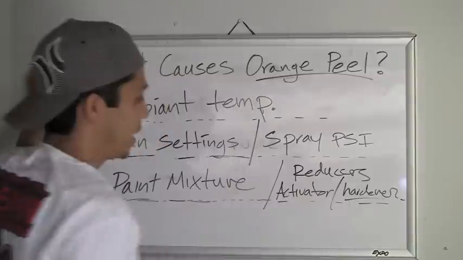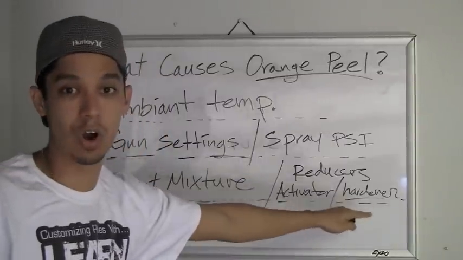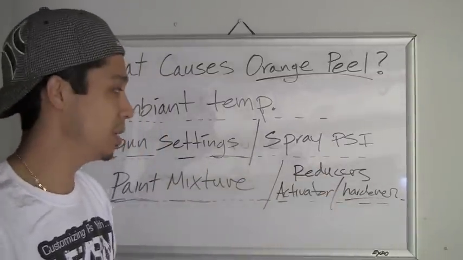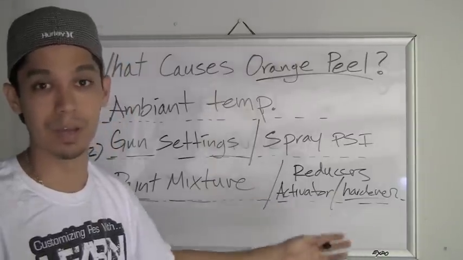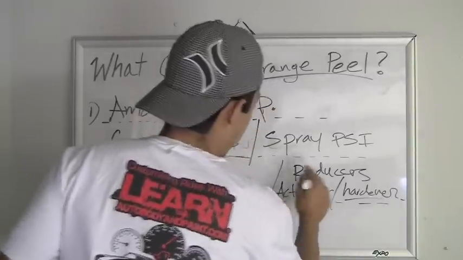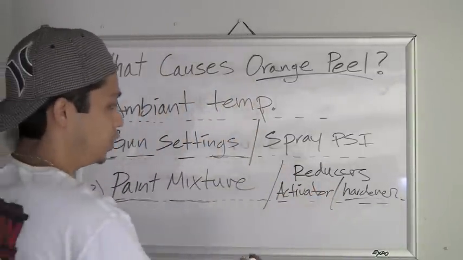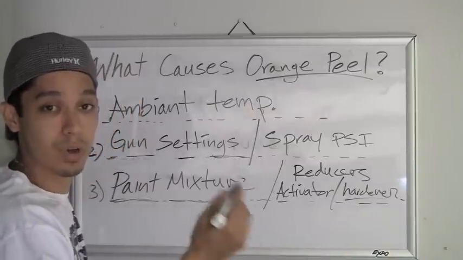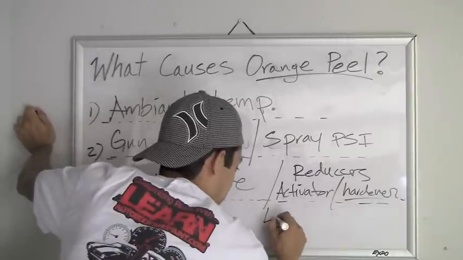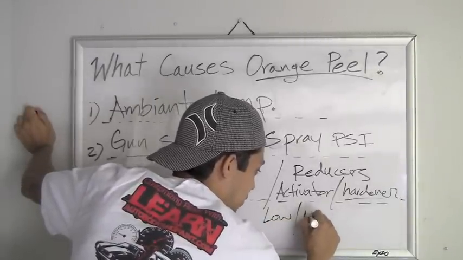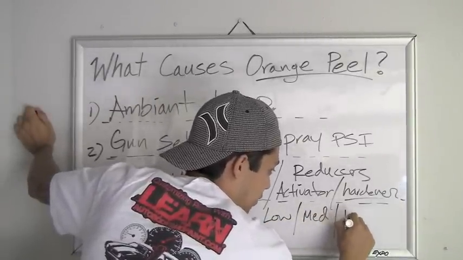I hope you can see that. Activator / hardener. Okay, it's the same thing. Some people call it hardener, they call it activator, it's the same thing. Alright, and your reducers. So now with this stuff here, you're going to notice that when you buy reducers and activators and hardeners, there's going to be a low temp, a medium temp, and a fast.